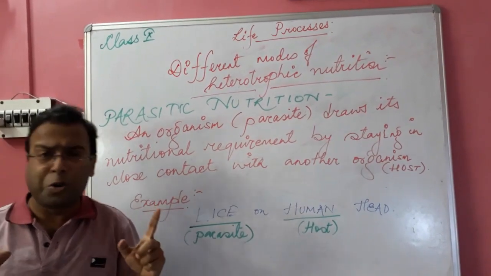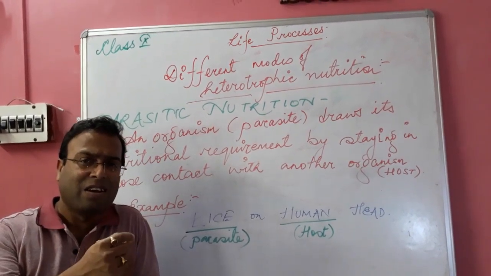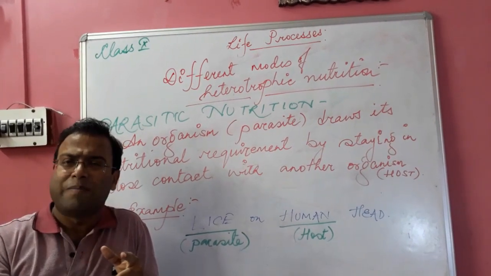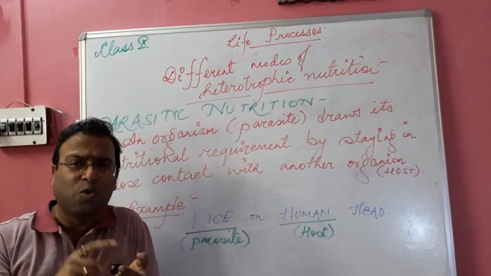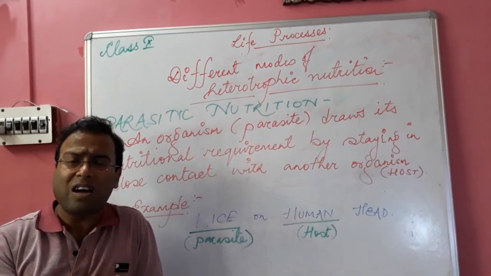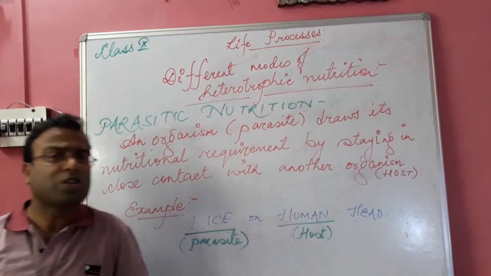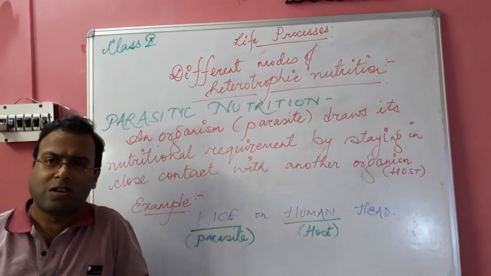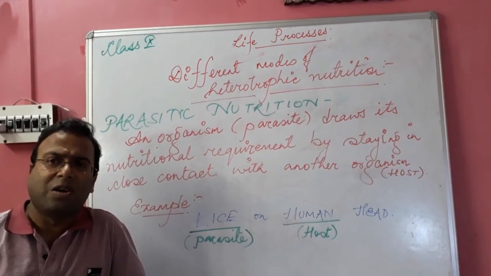It's a type of nutrition in which an organism, that is the parasite, will stay in close contact with another organism, that is the host, and the parasite will draw its nutritional requirement from the body of the host. This type of nutrition is known as parasitic nutrition.